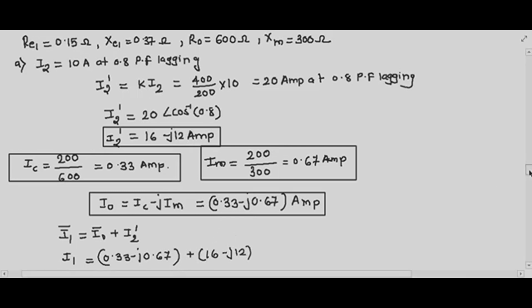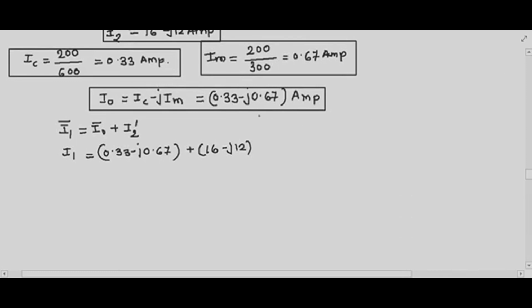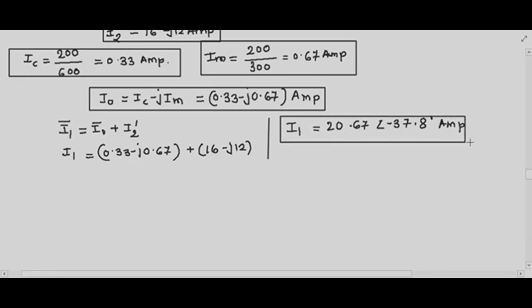Okay, so from this I will get I1 equals 20.67 at an angle of minus 37.8 degree. Simply, whatever answer you get from this equation, you have to convert that into polar form. So this is about the A part.